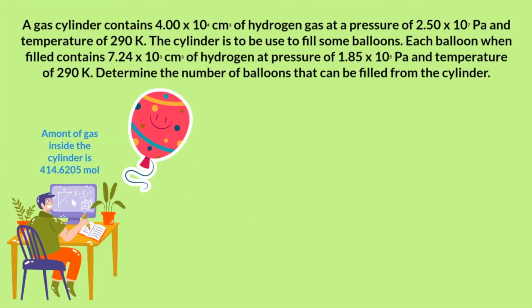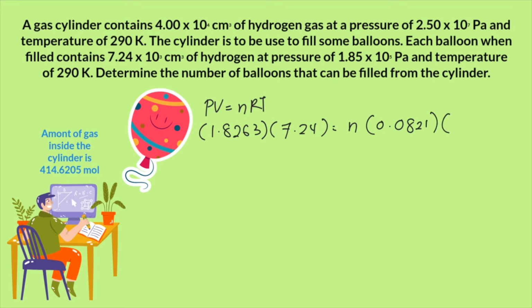So now what we need to do is determine the amount of gas needed in each balloon. We can use the same formula, PV equals nRT. From the question, the pressure is 1.8263 and your volume is 7.24, equal to n, which is the thing that you need to calculate, and R is the constant value 0.0821, and your temperature is 290 Kelvin.